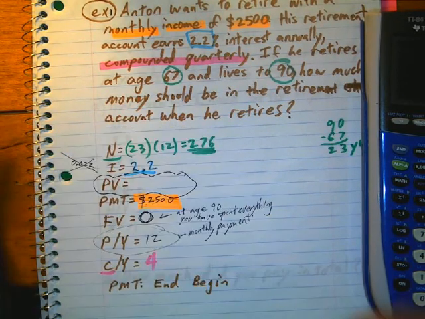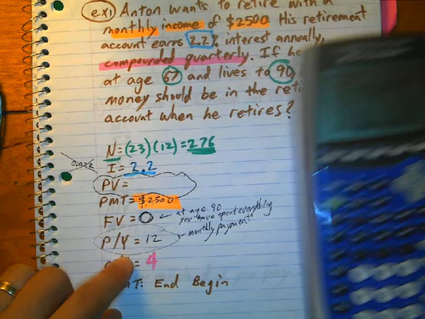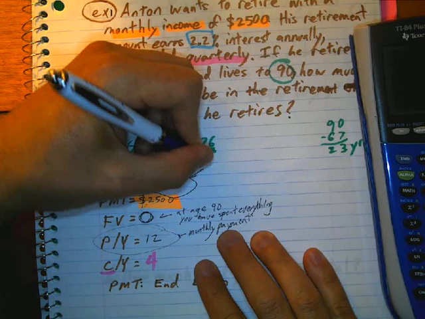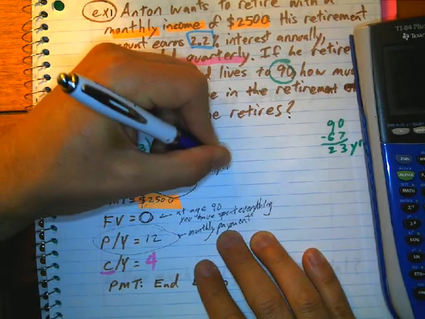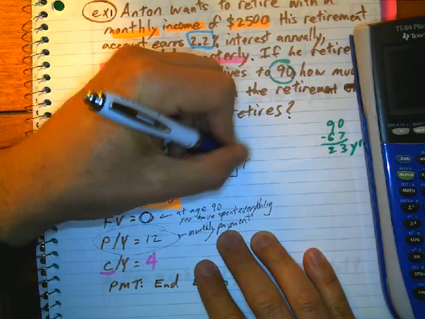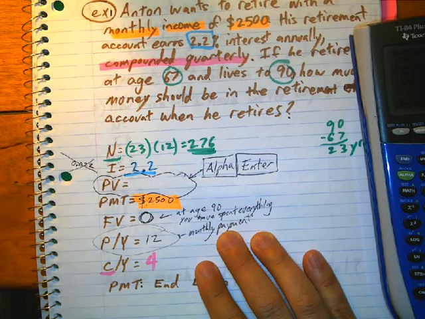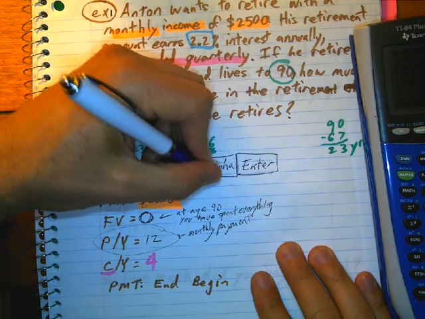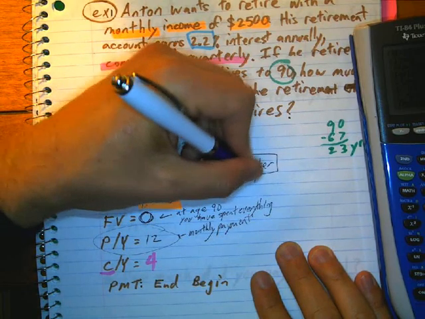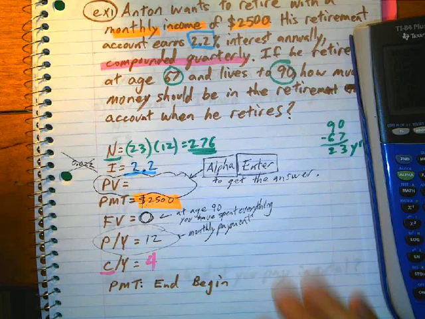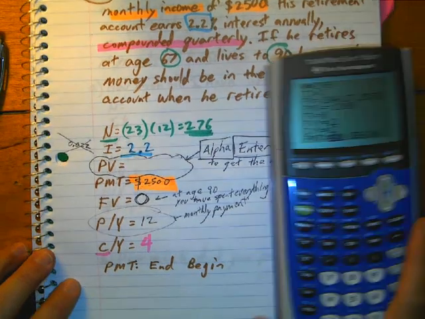Okay, so let's put all this information in, and when we're all done, we're going to hit alpha and enter to get our answer. Let's do this on the calculator now.